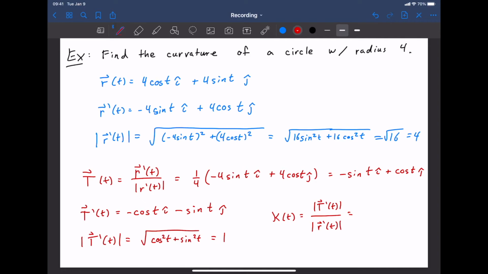And so what we're talking about here is 1 over 4, or 1/4. So the circle is a good example of a function that has constant curvature, right?